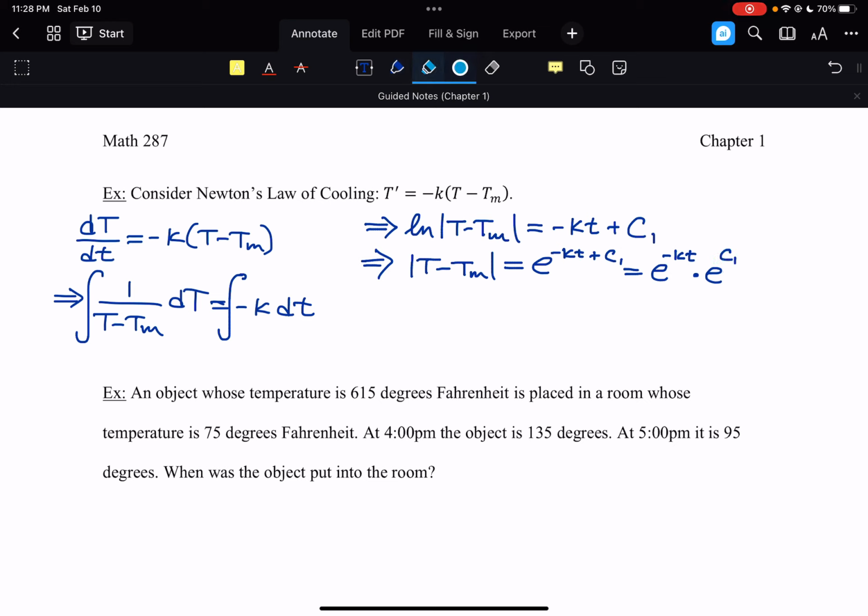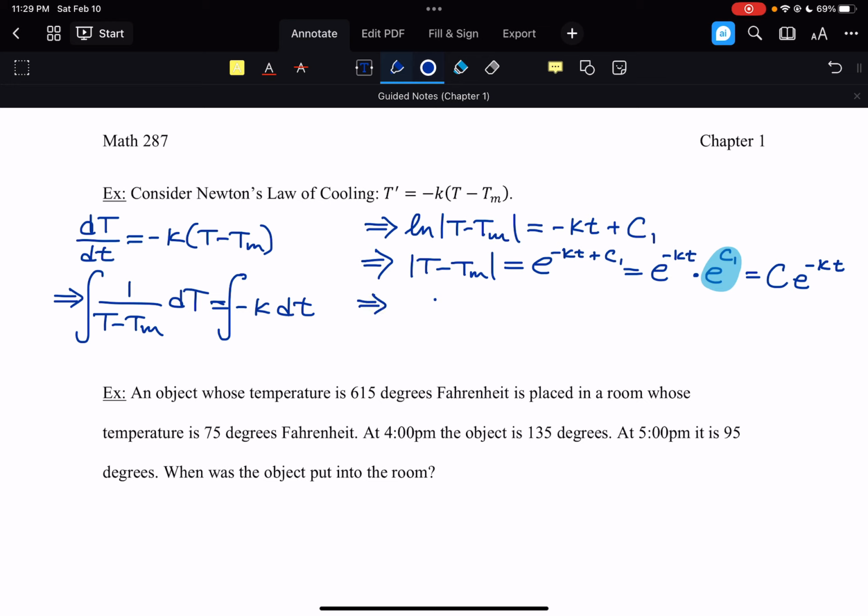And this is where this change in variable is going to happen now, because e to the c1 is all constant. So instead of calling it e to the c1, we're just going to call it c. So this is c e to the negative kt. Because c1 is arbitrary, e to the c1 is also arbitrary, so we're just calling it c for the ease of the formula.